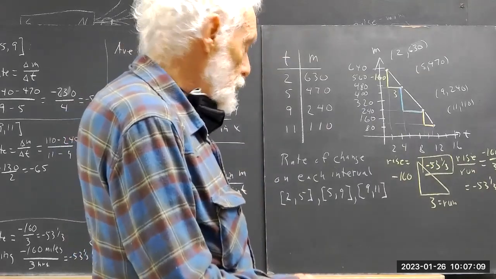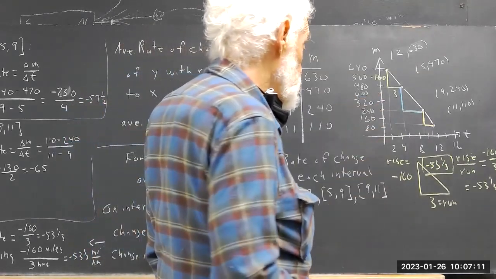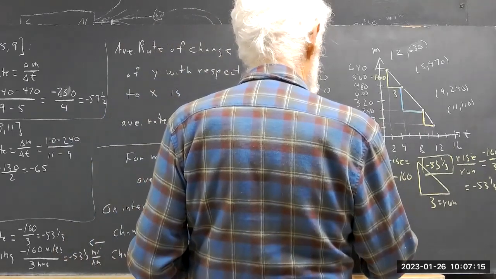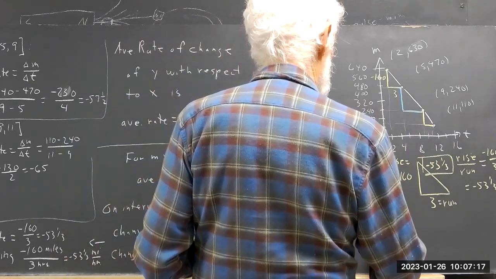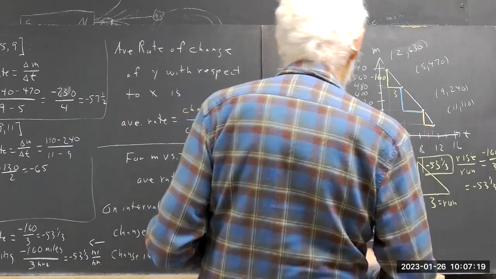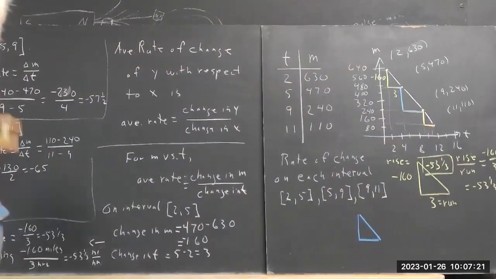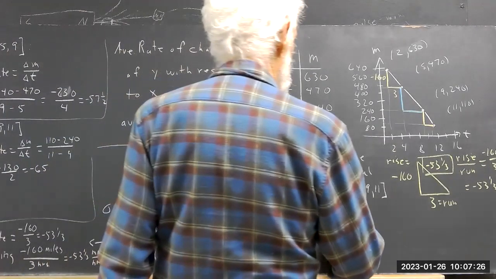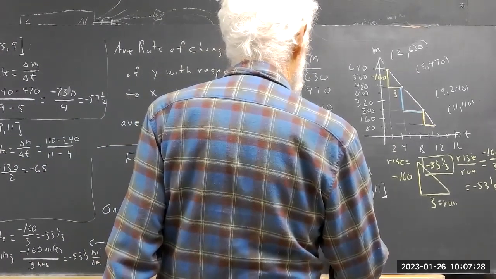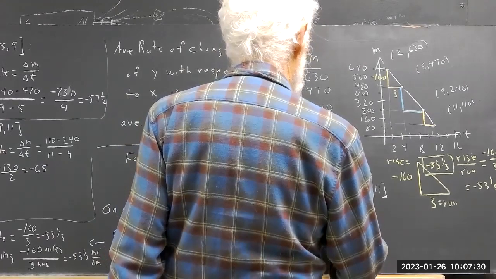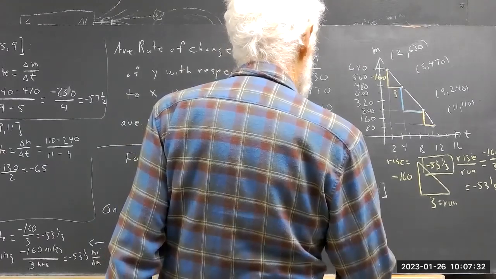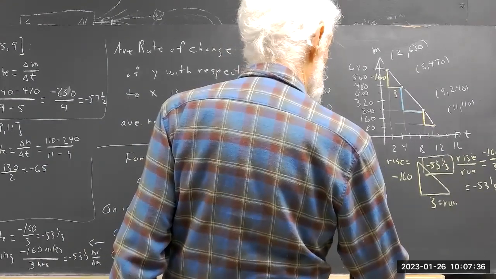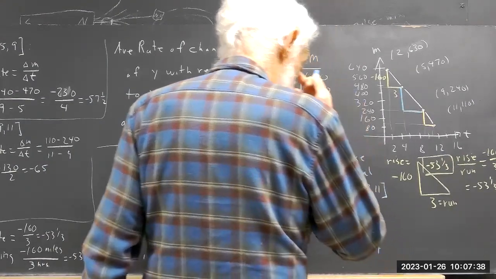You can do one of these triangles for each interval. The blue triangle matches up with the calculation we did for the second interval. You have -230 miles. That's the rise. The run is 4.